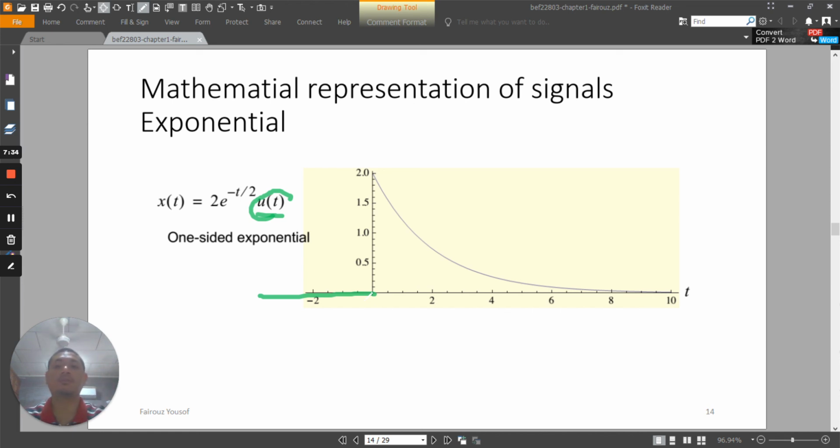So the 2 here is the crossing at the y-axis, and then we have negative t over 2. That one you really don't have to bother. You just sketch the exponential decay. As long as you get this correct, it's good enough.